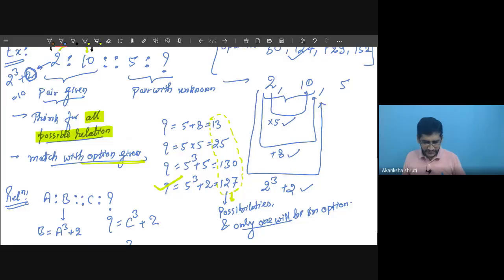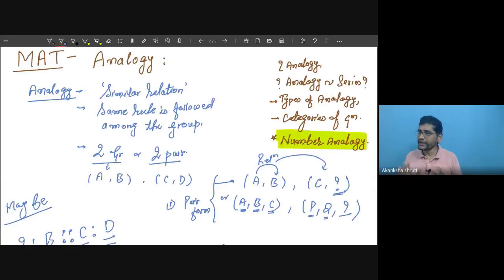Student, so this was about the analogy. What do we mean by analogy? Analogy simply means similar relation or similar rules that need to be followed. So it is also sometimes called an analogous pair, or similar relation, or identical relation. All mean the same thing.